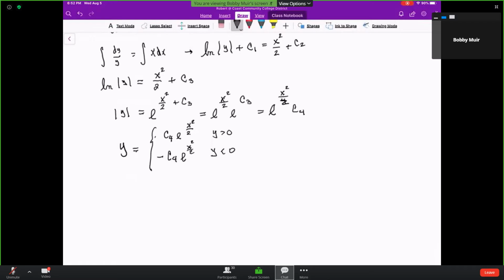So what we do here is, why don't we let C be the following. C4 if y is positive, negative C4 if y is negative. And so our final answer here is y is going to be C e to the x squared over 2.